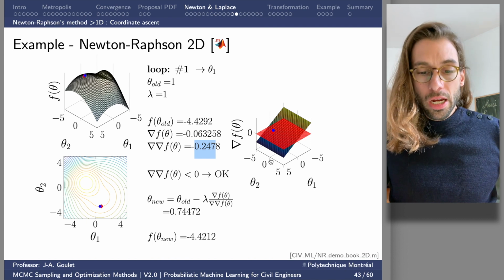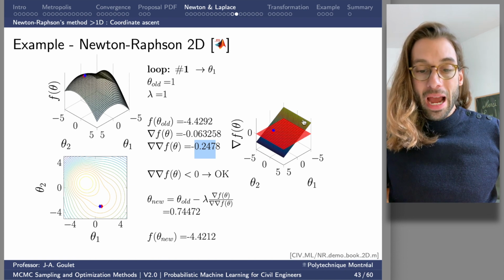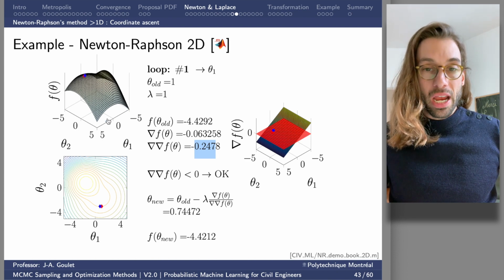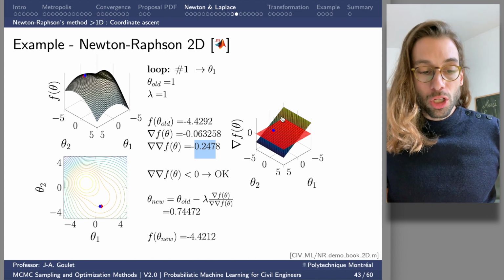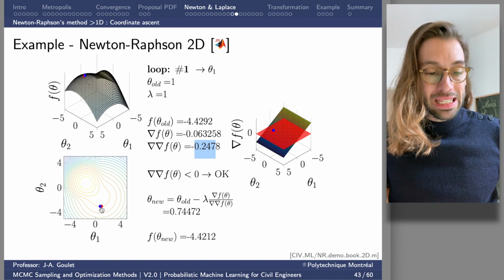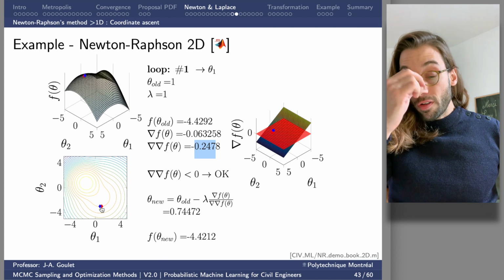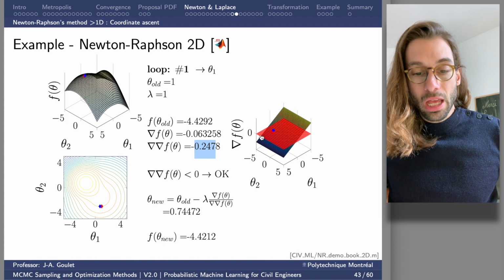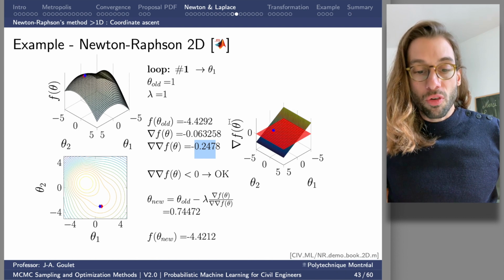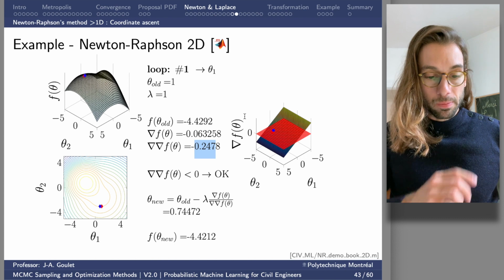So what you see here is a representation of the plane for which my gradient is equal to 0 and my linearized function representing my linearized gradient for that function here, okay? What I want to look at is, given the axis x1, what is going to be the coordinate theta 1 at which that plane, representing the gradient of my function, intersects with the plane for which my gradient is equal to 0.